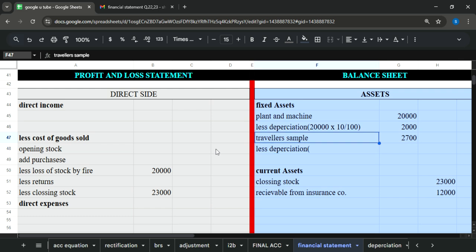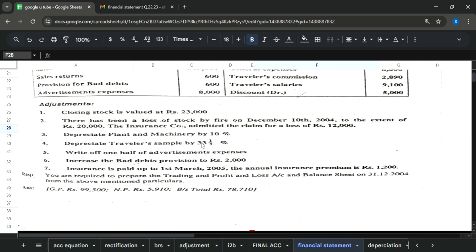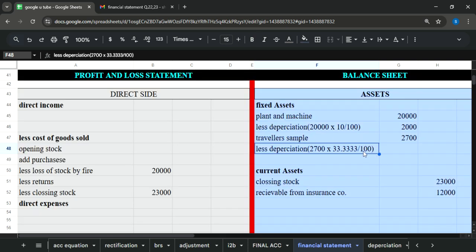Here you will write 2700 and then you will multiply it with 33.333 divided by 100. Once again, I'm telling you how we calculated it: 33 multiplied by 3 is 99, then plus 1 is 100, 100 divided by 3, the answer would be 33.33.